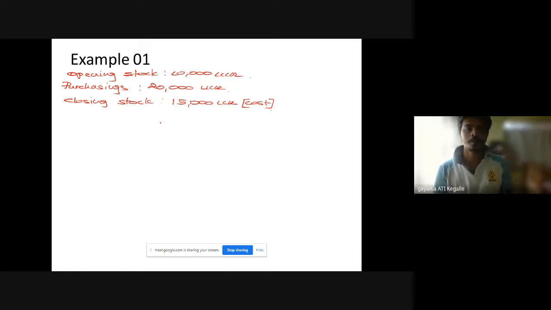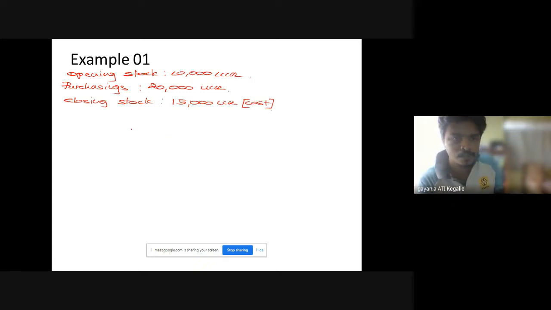First, opening stock, I told you in the stock account. Now we have this amount 10,000 as balance brought forward. Then what we need to do, here I am drafting the trade account.